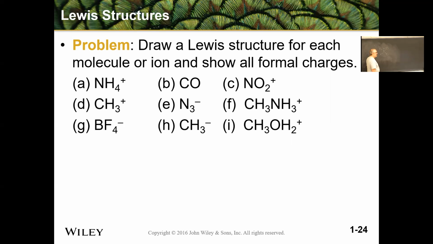Each fluorine has 7, so 7 times 4 is 28, plus 3 is 31, plus 1 for the minus charge, that's 32. If you count them up, there are 32 valence electrons. Fluorine only forms 1 bond, so it has no charge. Boron is a group 3, so 3 minus 0 unshared electrons minus 4 bonds would be minus 1.